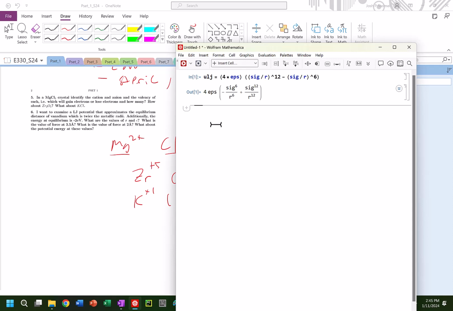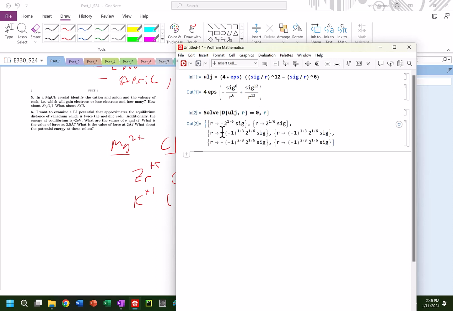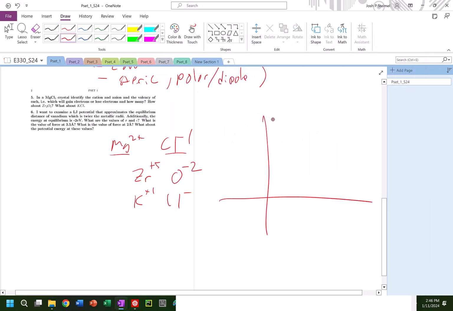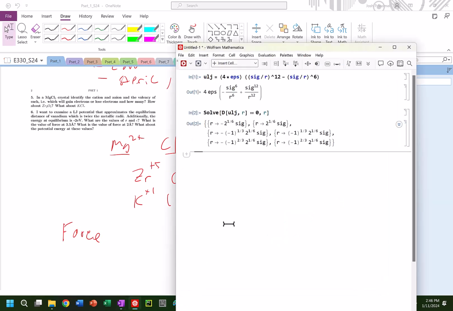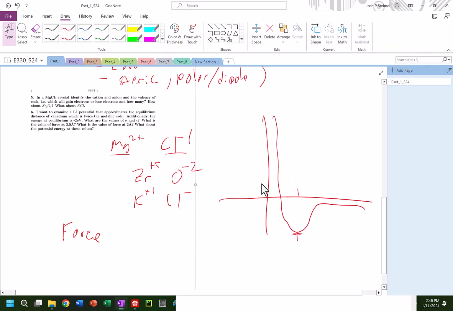If I take the derivative of U_LJ with respect to r, we know our Lennard-Jones potential looks something like this. We know that our force is equal to the minus derivative of U_LJ with respect to r, so that's our force as well. When I set the derivative equal to 0, it gives me this r, and that's going to be equal to our equilibrium distance.